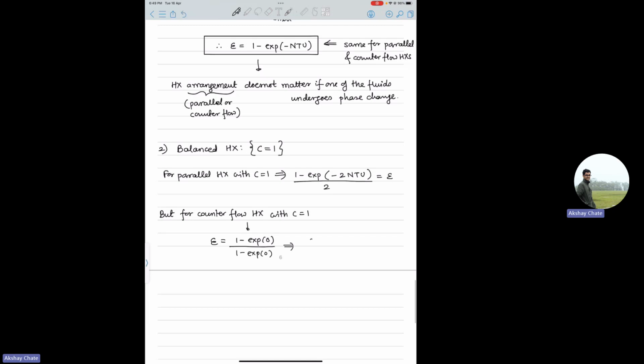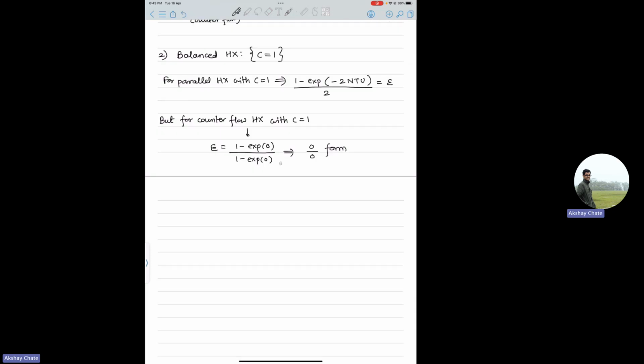So this is a 0 by 0 form. You have to recall your mathematics calculus class. In such a case we have to take the limit. We have to check if the limit exists. If it exists, then you can have some finite value for epsilon, or effectiveness. If it doesn't, then you cannot use this formula, or you cannot predict effectiveness in this case.